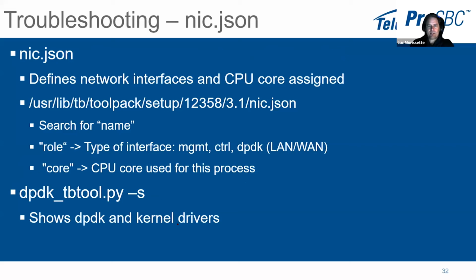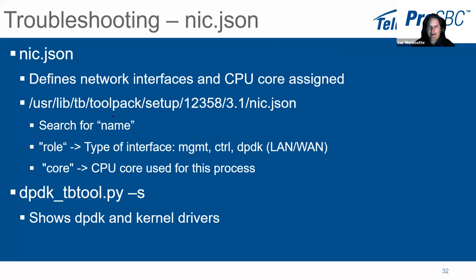I mentioned the nic.json in the SBC details. So that is used to control what the network interfaces will do on the system, and it has some things that can be optimized. Okay. So for example, it defines the network interfaces and the CPU cores that are assigned to each one of those network interfaces.